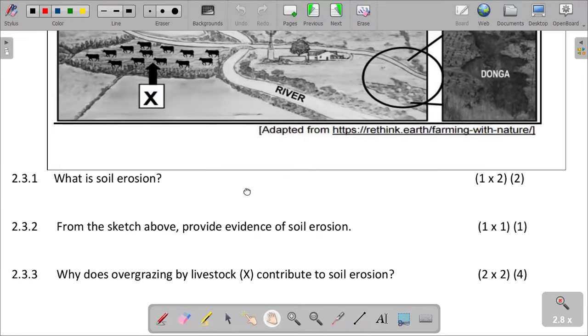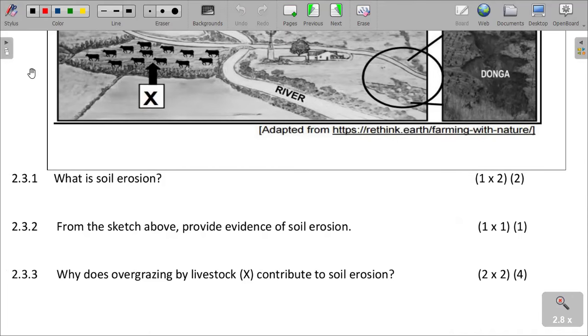The question is saying, what is soil erosion? Is it the washing away of topsoil? Soil erosion is the washing away of fertile topsoil.